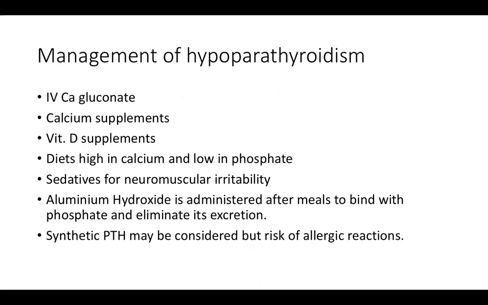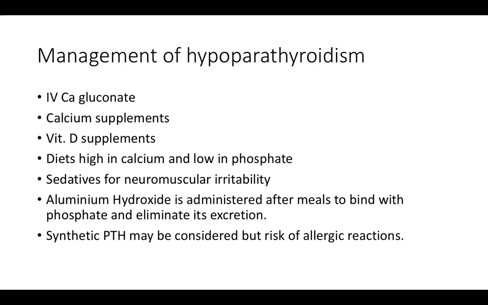You will have to replace the vitamin D levels as well if they are deficient, because I have told you earlier that the absorption of calcium from the kidneys and intestine is dependent upon vitamin D. And if vitamin D is deficient, parathyroid hormone won't be able to act upon these two organs. Then you can advise the patient to have diets which are high in calcium, like dairy products, and low in phosphate, so carbonated drinks should not be taken. For neuromuscular irritability, you may prescribe some sedatives to the patients.